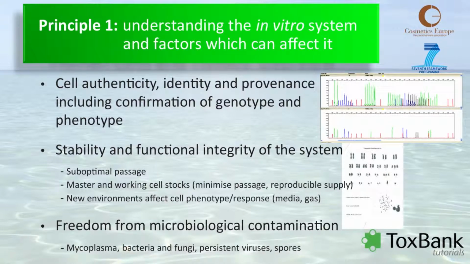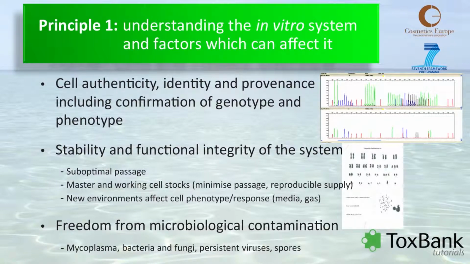Secondly, and also importantly, is the stability and functional integrity of the system. This can be affected by suboptimal cell culture passaging, and stability and retaining the functional integrity of the cells is supported by setting up master and working cell stocks, which help you to minimize the number of passages that you subject cells to and enable a reproducible supply of the same cells over quite long periods of time.